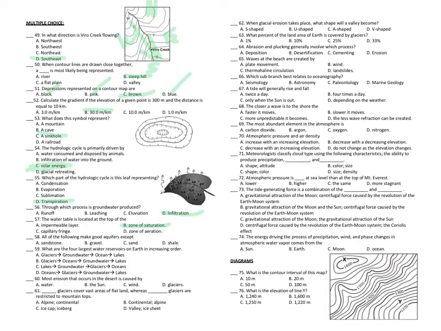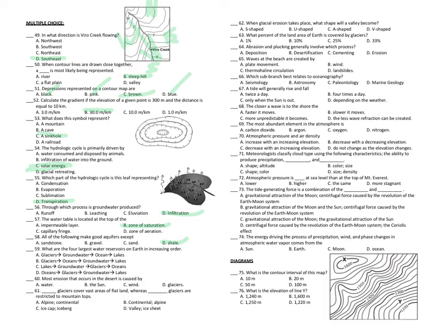All of the following make good aquifers except shale. Shale made with clay is going to be an impermeable layer, so that might make a good cap rock. Things to think about later in the test. What are the 4 largest reservoirs on Earth in increasing order?